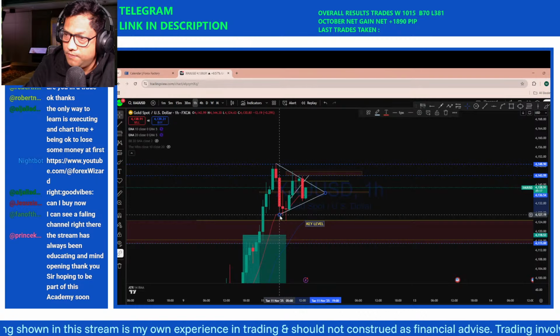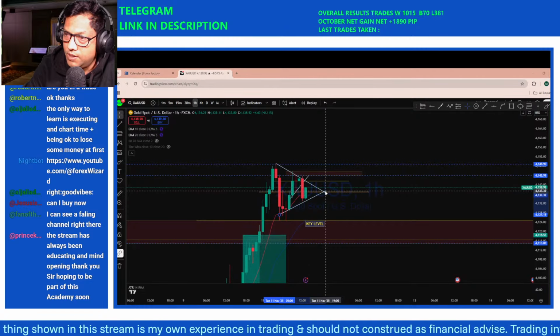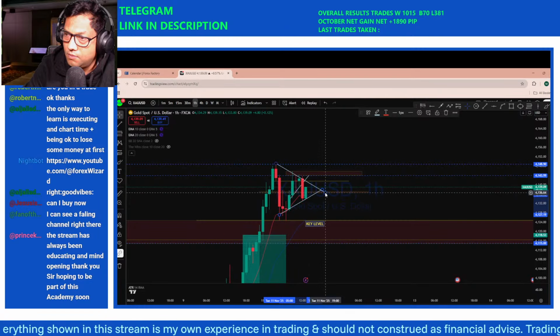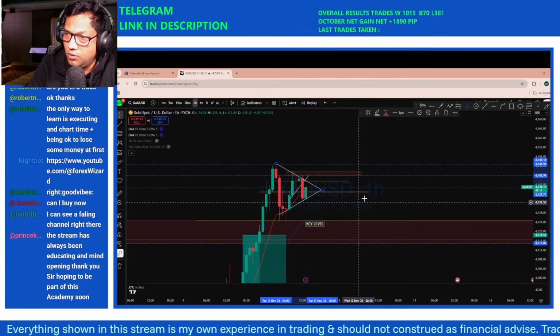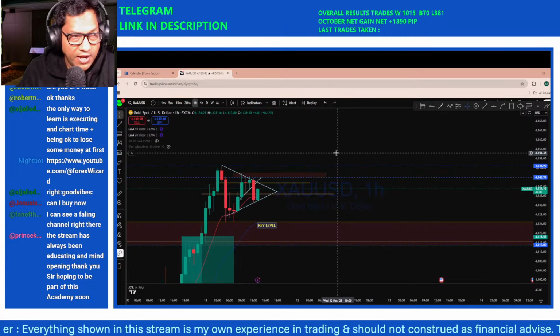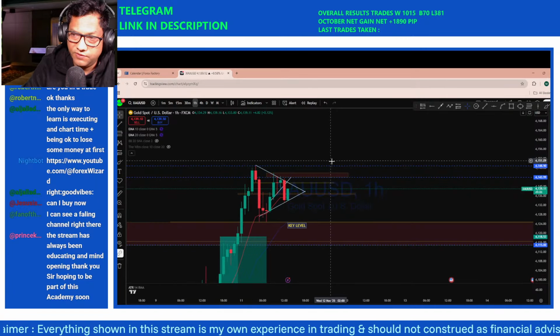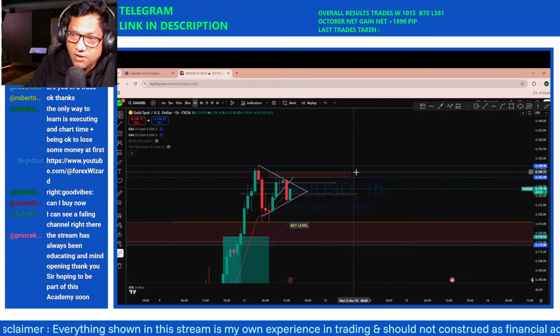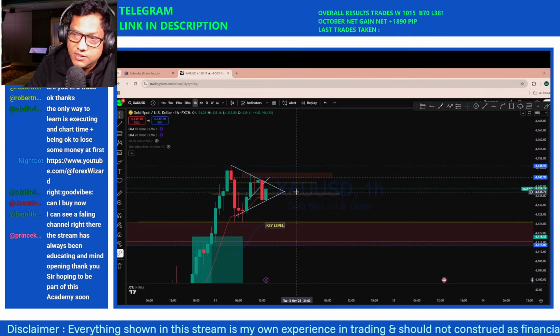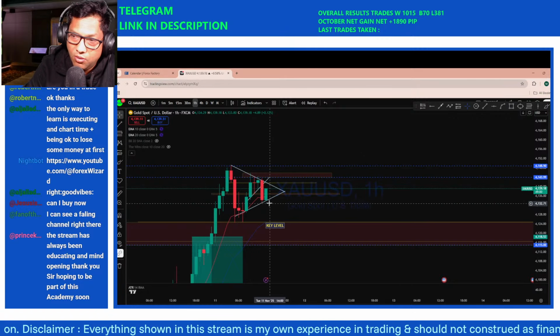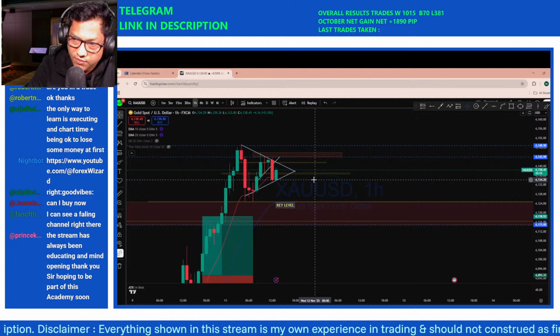If you look at the triangle, which is a very narrow triangle that has formed in that area, we saw that break below, and now it's bouncing off that level.